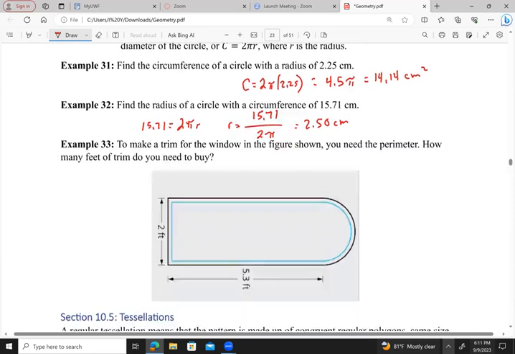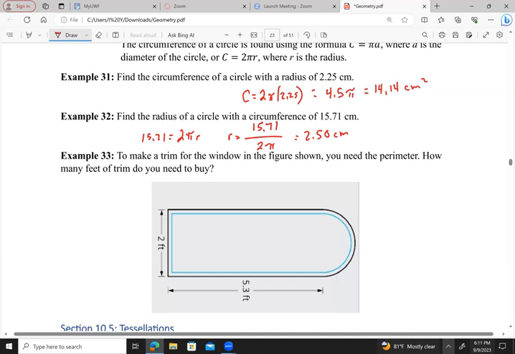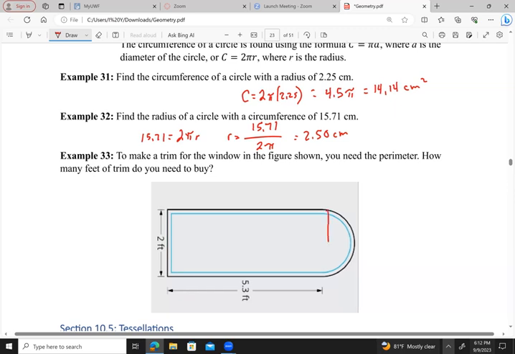All right, to make a trim for a window in the figure shown, you need the perimeter. How many feet of trim do we need? Well, we start off, we take this and we cut it there at this point here, which is 5.3 feet. And then 2 feet here.